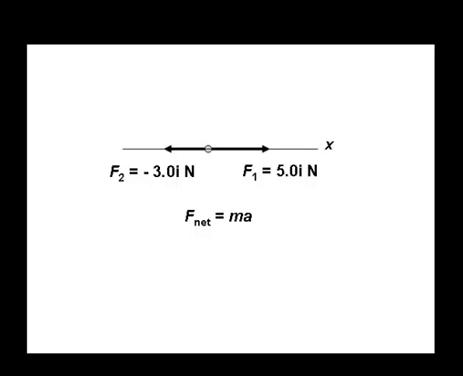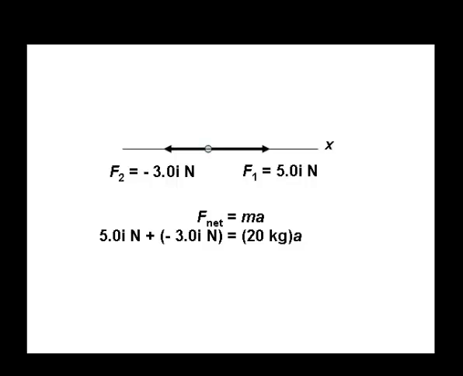Here's Newton's second law. The net force is related to the mass of the object and the resulting acceleration. Now I would feel better if I wrote this in vector notation with little arrows over the F and the A, but I cannot do that here in a PowerPoint presentation, so you're going to have to imagine the little arrows up there.